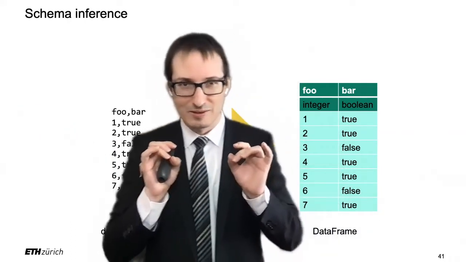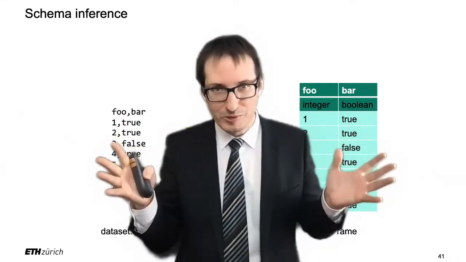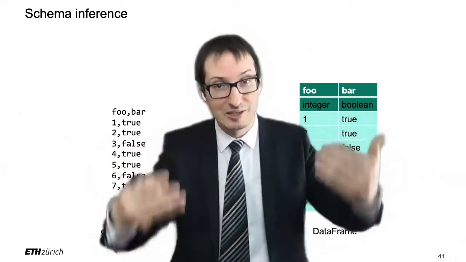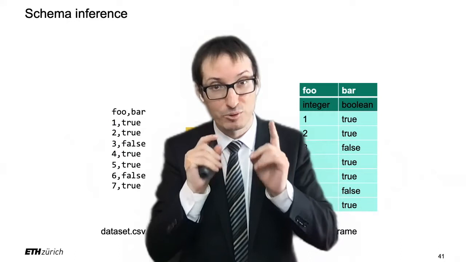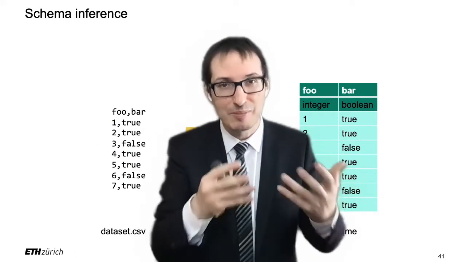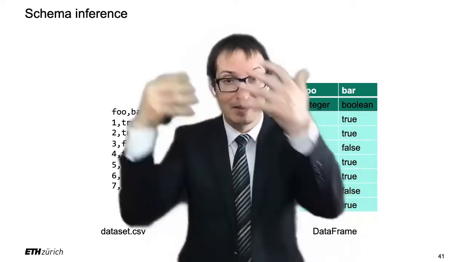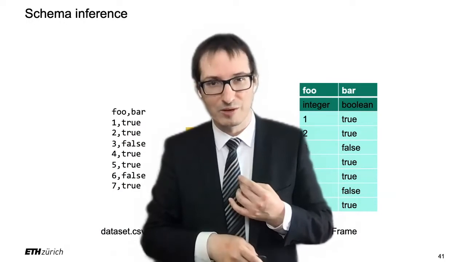So to summarize, data frames are more generic than tables. They also support nested values, nested objects, nested arrays, but they need a schema. You need a data frame schema. So this is why when you read JSON, you need a schema to validate your JSON, and then that gives you a data frame, and then you can go ahead and use it with SQL. Right.